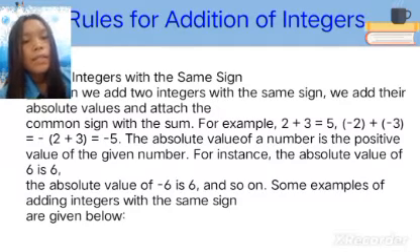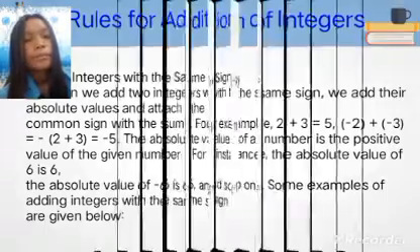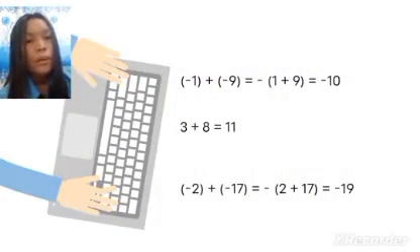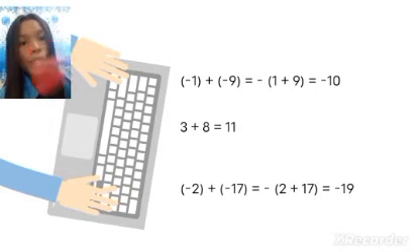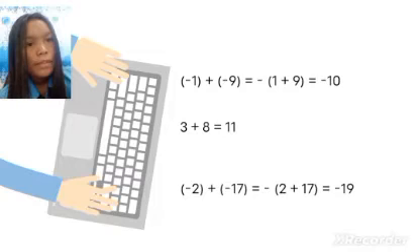Some examples of adding integers with the same sign are given below. Negative 1 plus negative 9. We perform on that because both signs are equal: keep the negative sign, then open parentheses, the numbers first, which is 1 plus 9, is equal to negative 10.